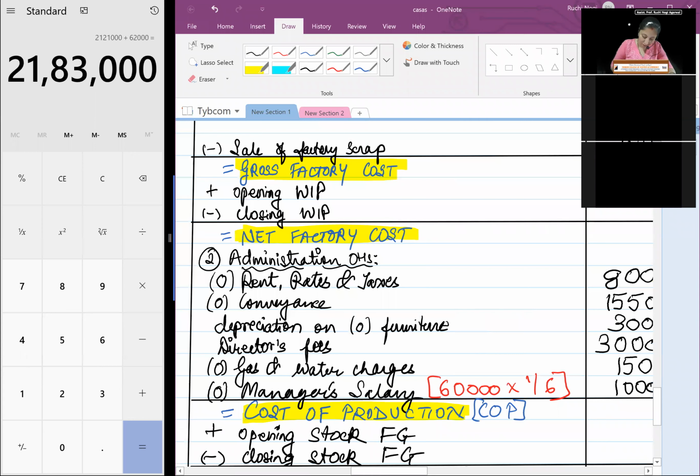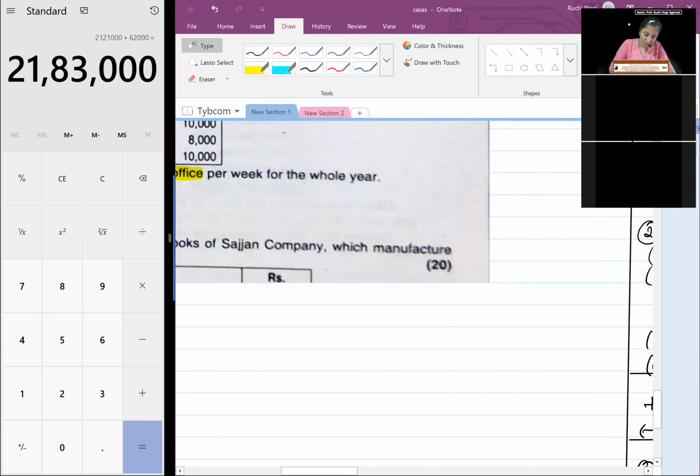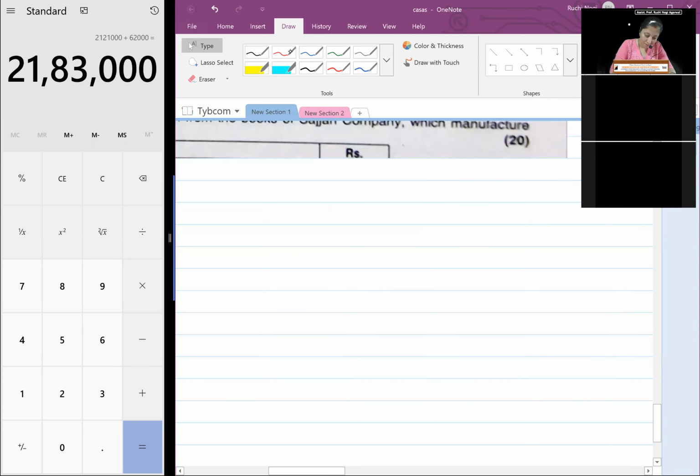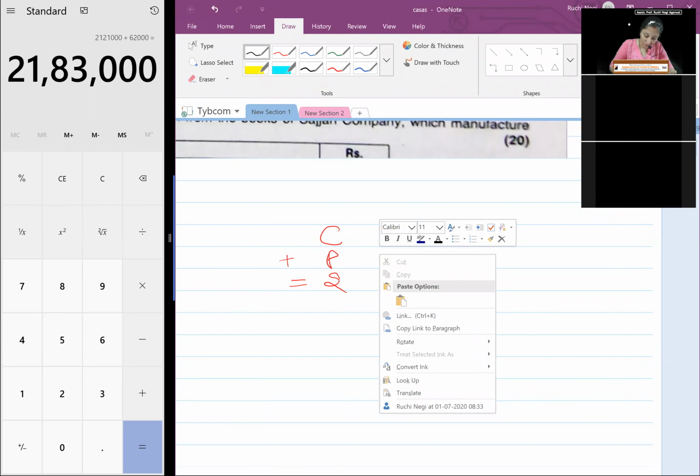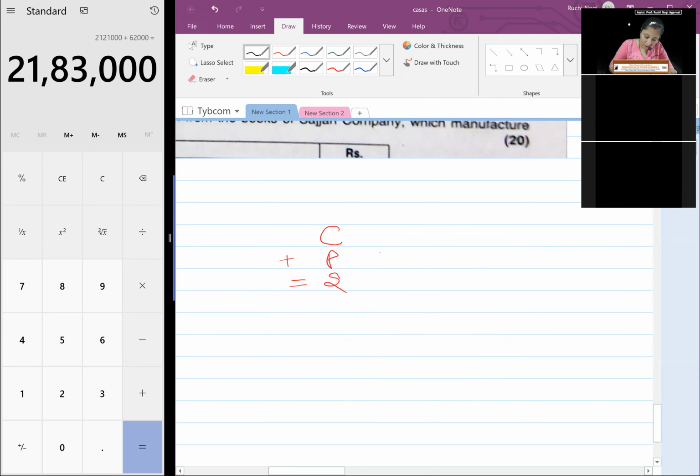Now see, we know this formula: C plus P is equal to S. This is what we have been using. Now what they have said is the selling price is 110% on cost. So cost is the base.